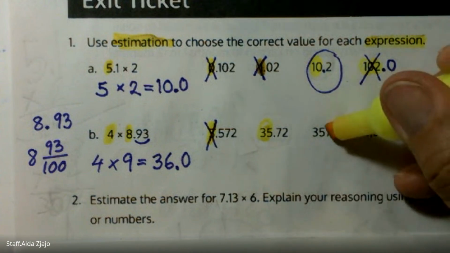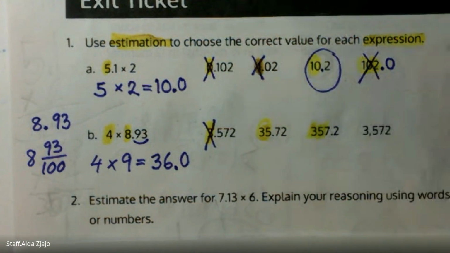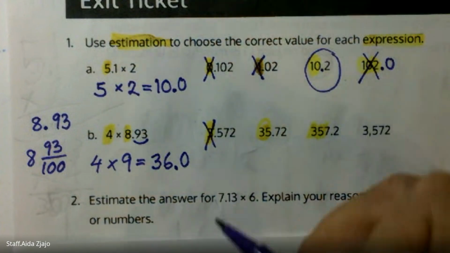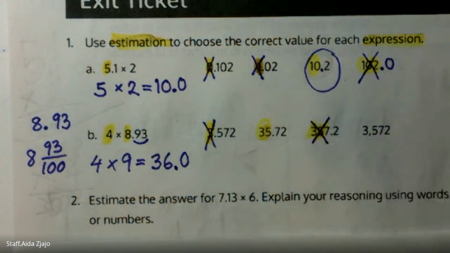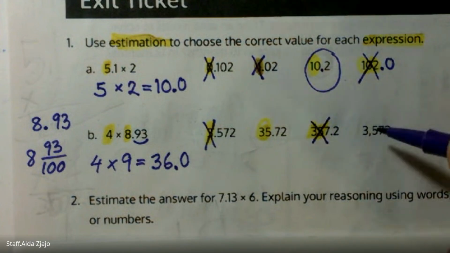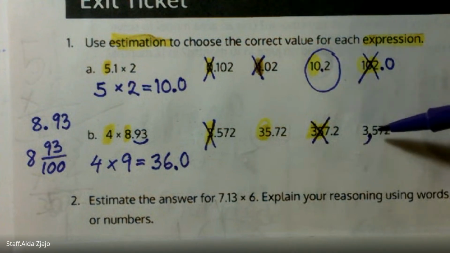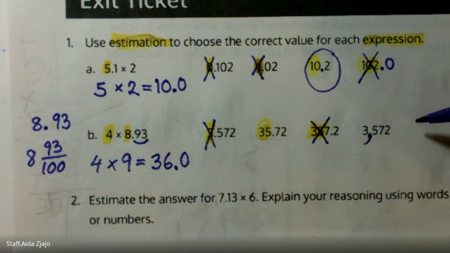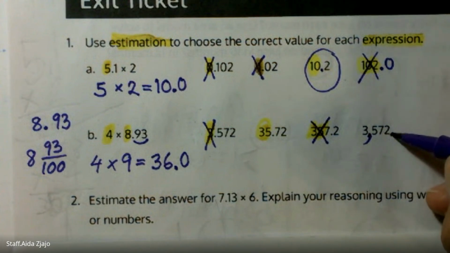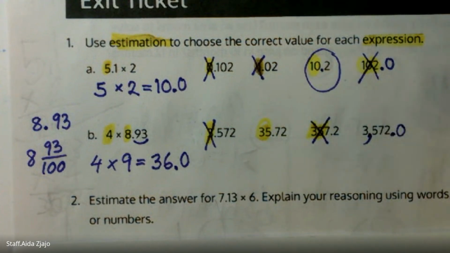This one has 357 wholes. My estimation is 36, so that's not working. This one has a comma right there, 3,572. And the decimal goes right here, guys, if you needed to put it. 3,572 wholes.